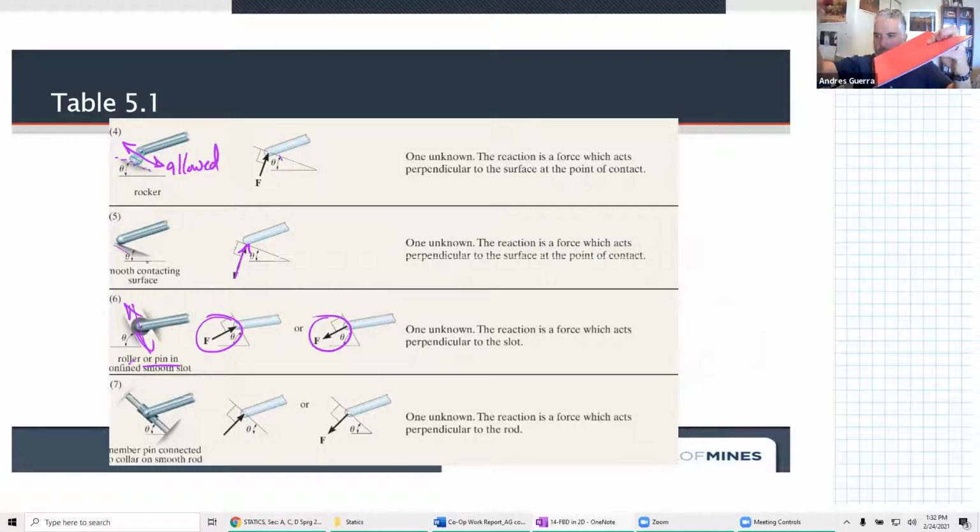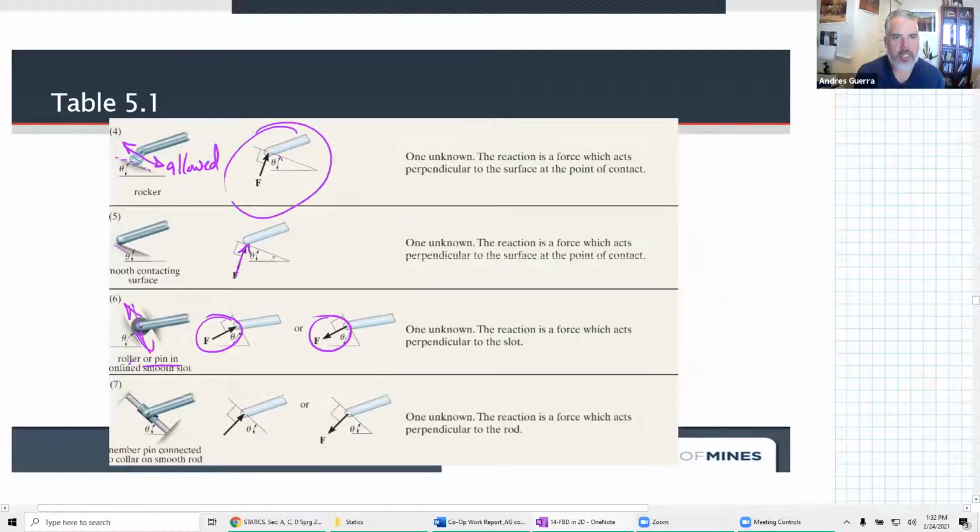No, it's totally allowed to move away. There's no glue holding it on there, but something prevents it from moving into the smooth contact. That's why we see only one case here, and that's pushing. This one can be either a pushing force or a pulling force.